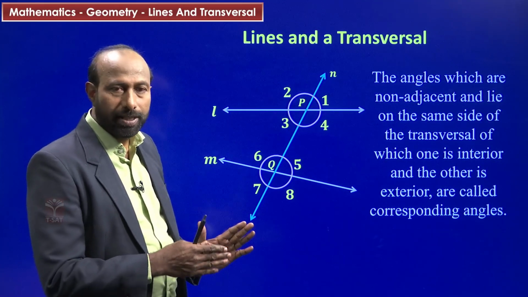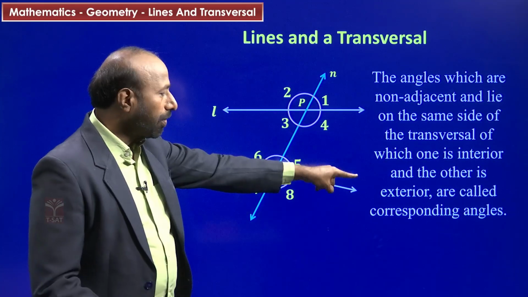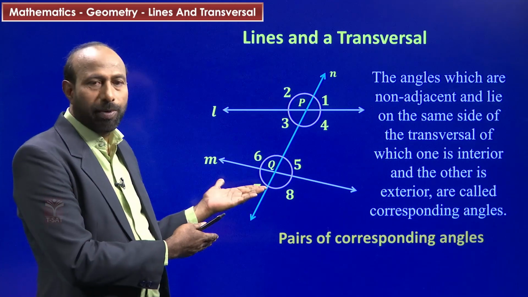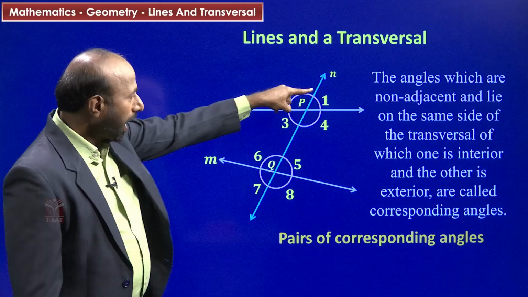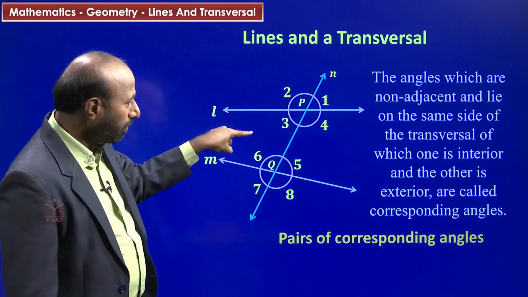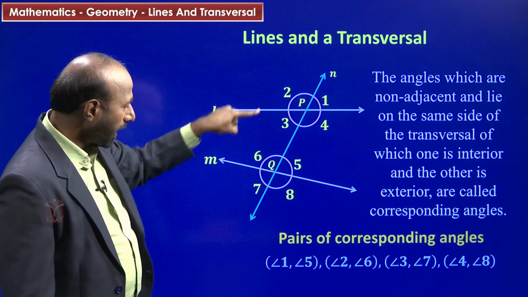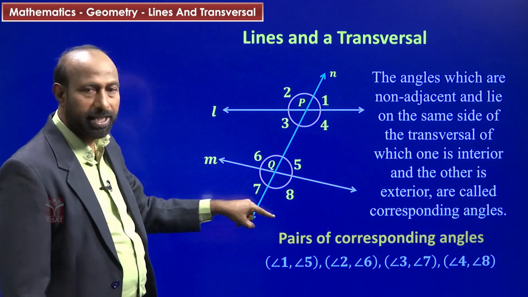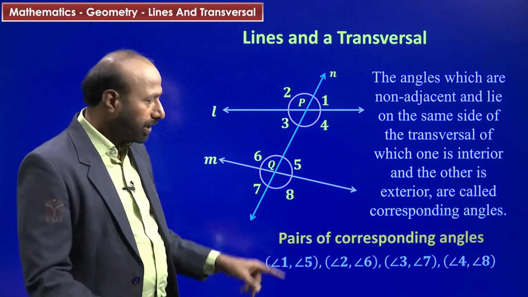Angles of this type are called corresponding angles. Let us see the corresponding angles in this picture. Angle 1 and angle 5 are corresponding angles, angle 2 and angle 6, angle 3 and angle 7, and angle 4 and angle 8. These are the pairs of corresponding angles.